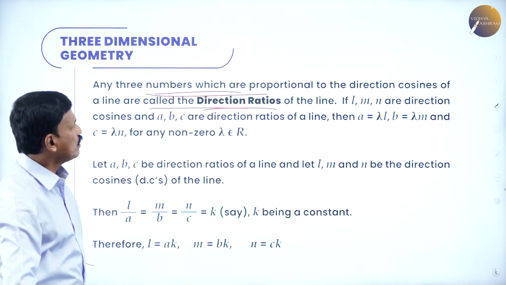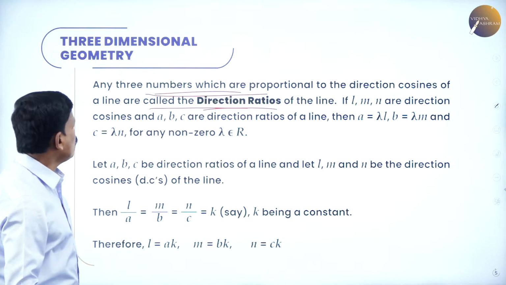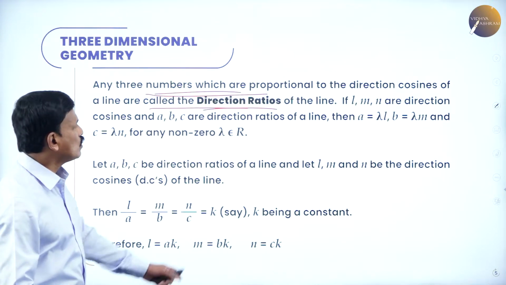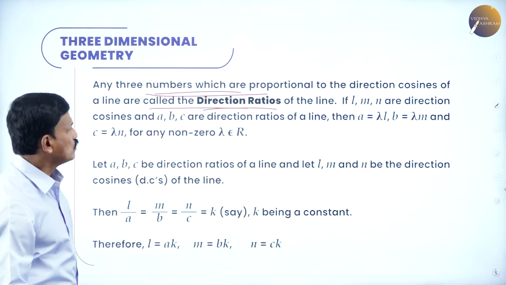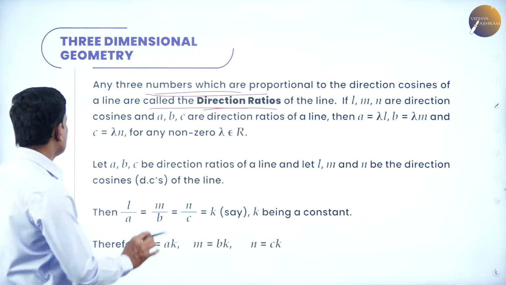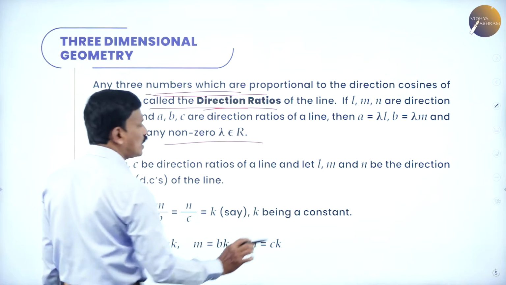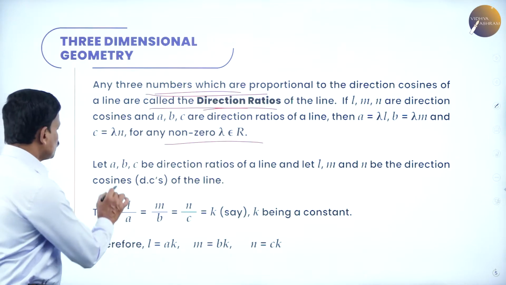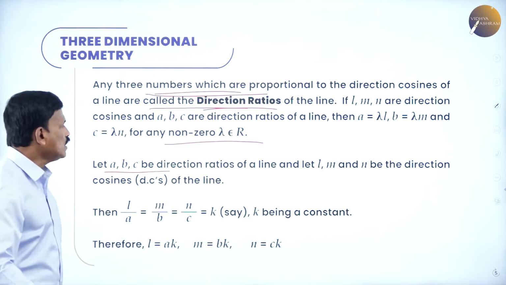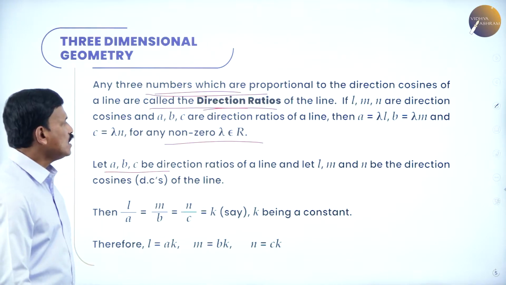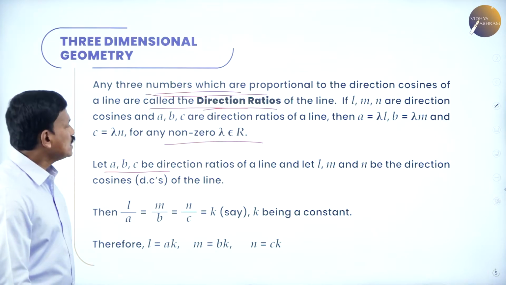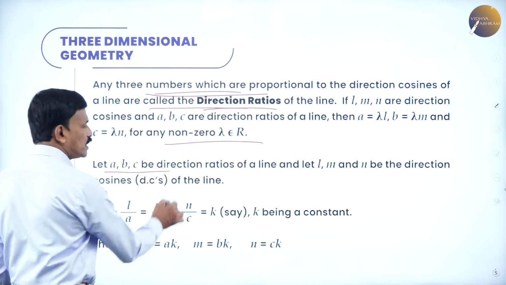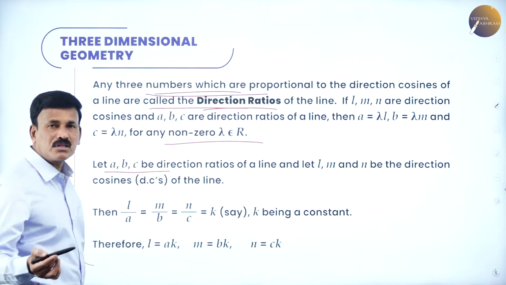Suppose l, m, n are the direction cosines and a, b, c are the direction ratios of a line L, then a is equal to lambda into l, b is equal to lambda into m and c is equal to lambda into n, for any non-zero lambda belonging to the real numbers. So a, b, c are called the direction ratios, and l, m, n are called the direction cosines.